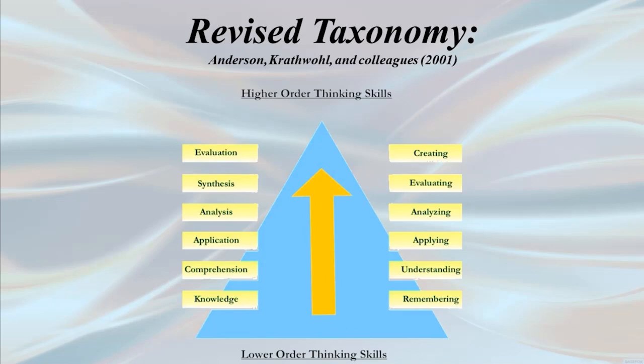Knowledge was changed to remember, comprehension became understand, apply, analyze, and evaluate didn't change, and synthesis was named create. The create level is at the top of the revised taxonomy, above evaluate, because creation involves innovation and needs higher order thinking compared to evaluation.